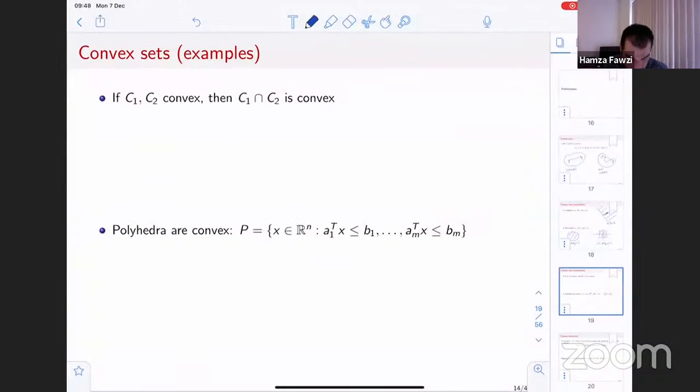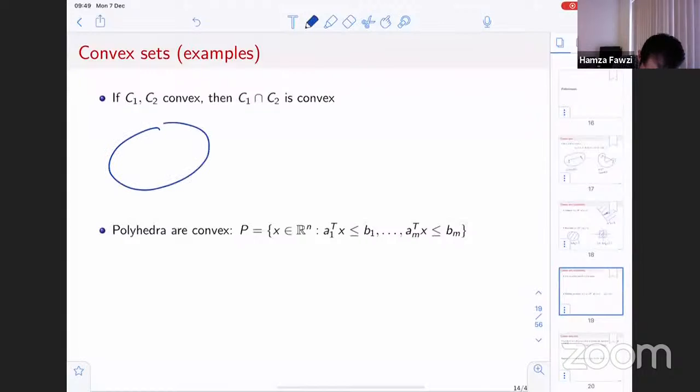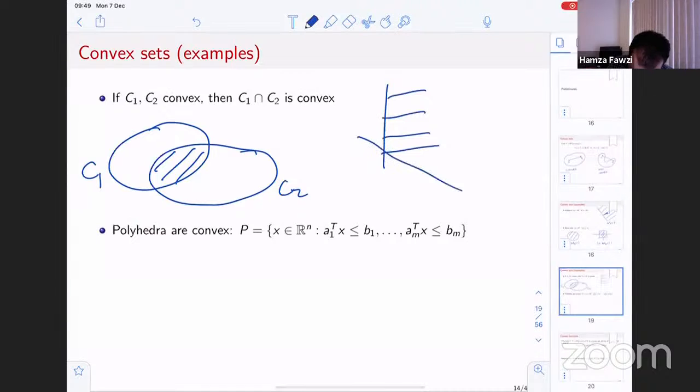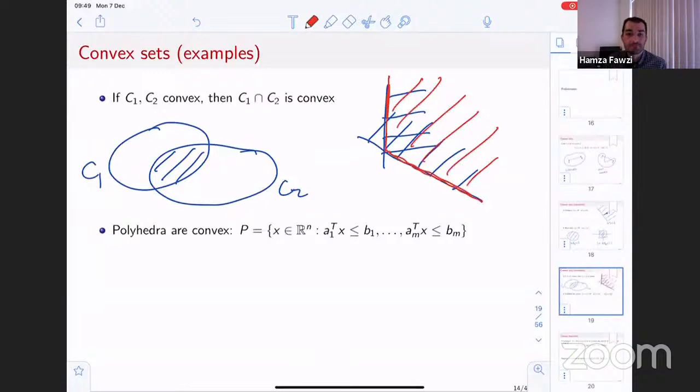Now, a very important property is that if C1 and C2 are convex, then their intersection is convex. For example, if this is C1 and this is C2, then the intersection of C1 and C2 is a convex set. This is a very useful operation geometrically. For example, if I take a half space, and another half space, then their intersection, which is here like this, is a convex set.